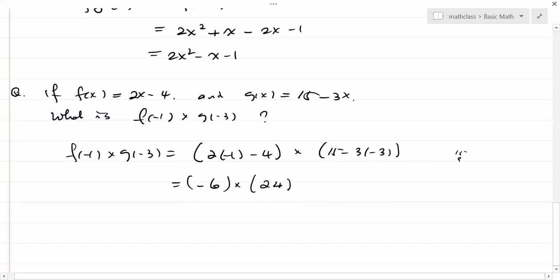Then you multiply this out, and this is going to be negative 144. And how did I get negative 144? Because I use this, and then I get 12 squared. That's why I remember the formula for 12 squared.